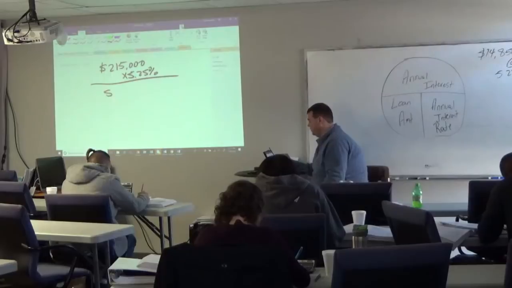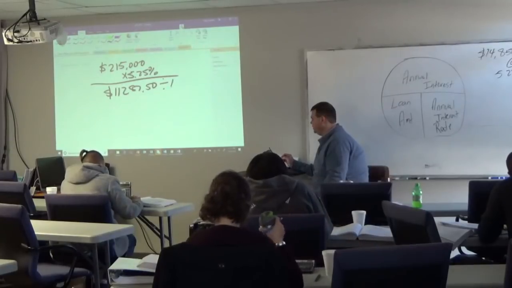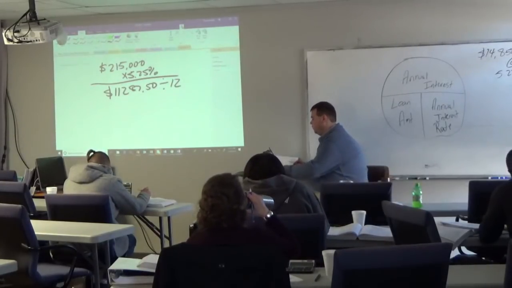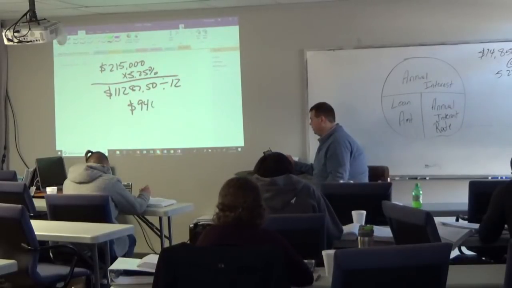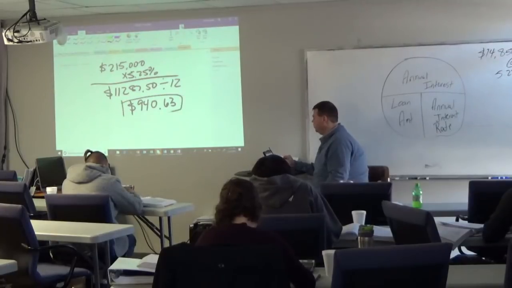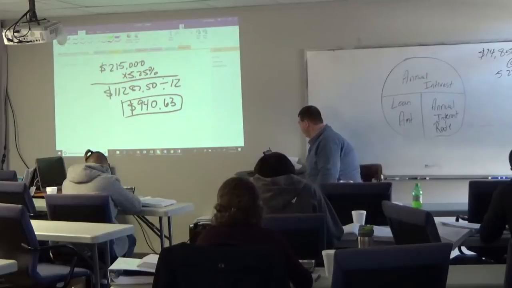And I get $11,287.50, but they want what? Monthly. That's annual, so we want to divide that by 12. We get $940.62 or 63 cents per month in interest on that loan.